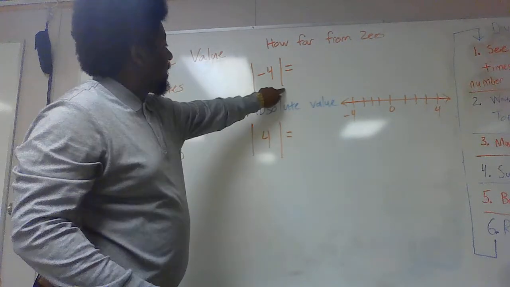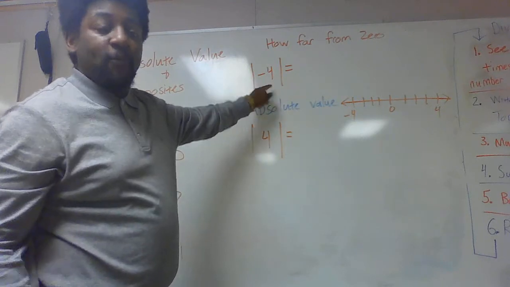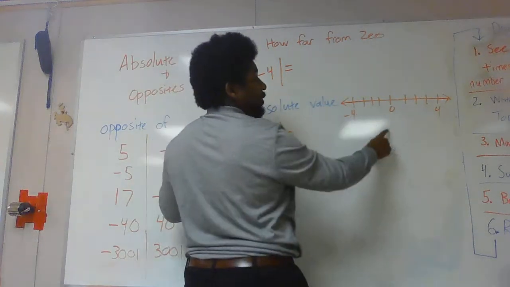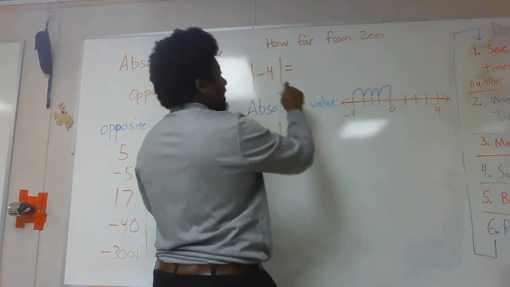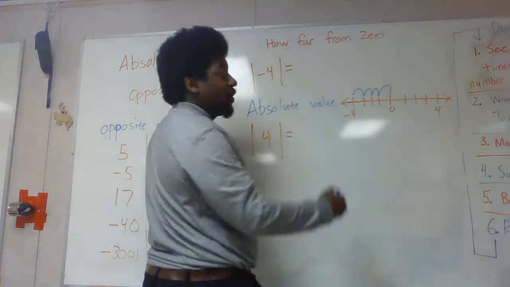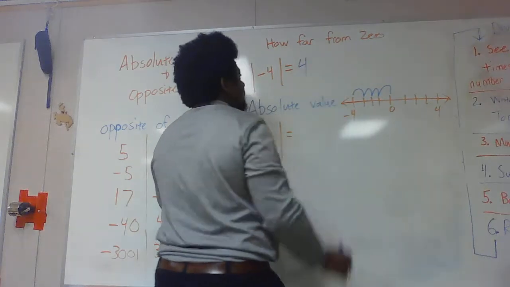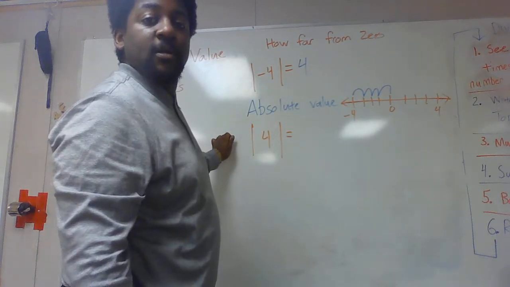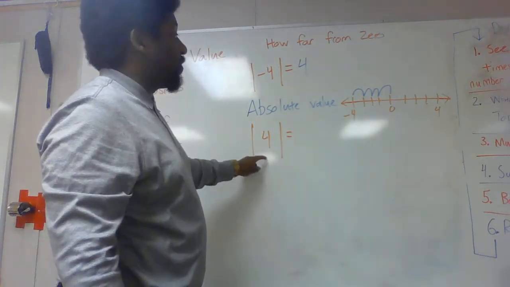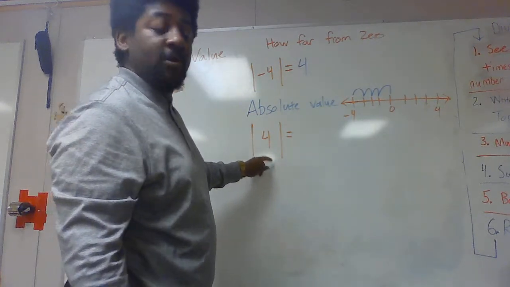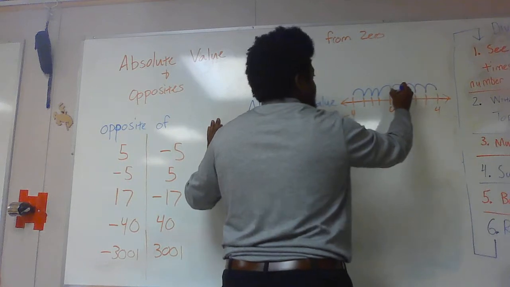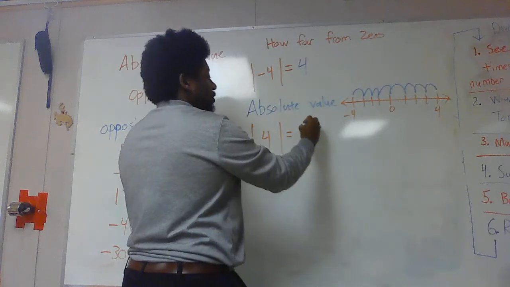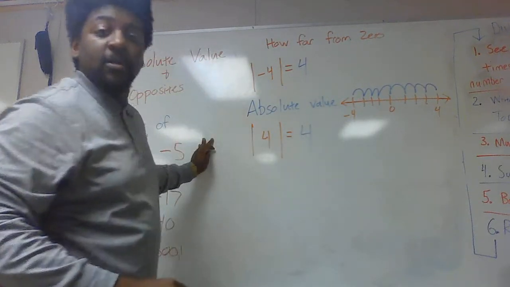So the absolute value of negative 4, from negative 4 to 0, 1, 2, 3, 4. The absolute value of negative 4 is actually just 4. The absolute value of positive 4, 1, 2, 3, 4, is also 4.